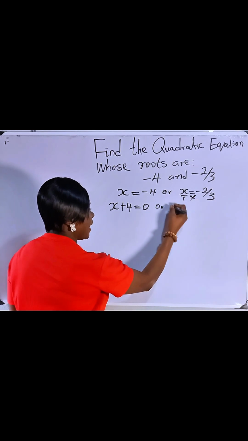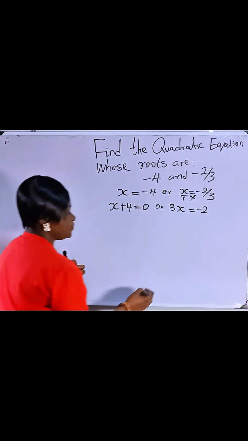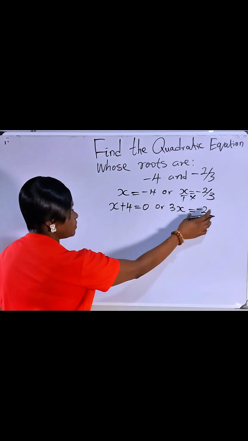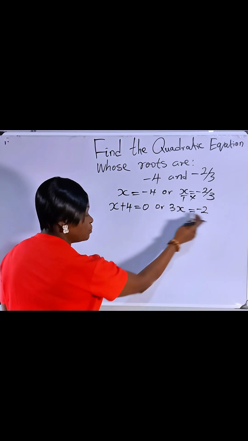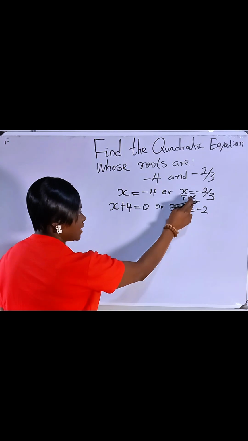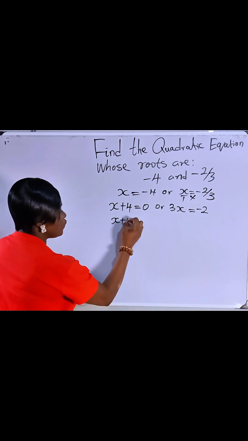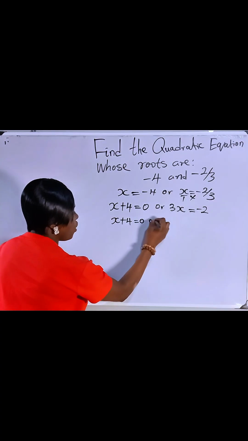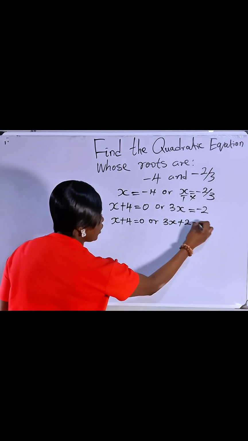We have 3 times x, so 3x equals -2. So 3x equals -2, and they divided both sides by 3. That is how they achieved this. So from here, x plus 4 equals 0, or 3x plus 2 equals 0.